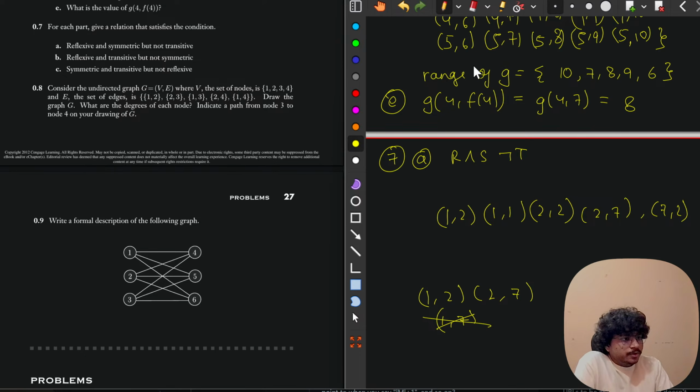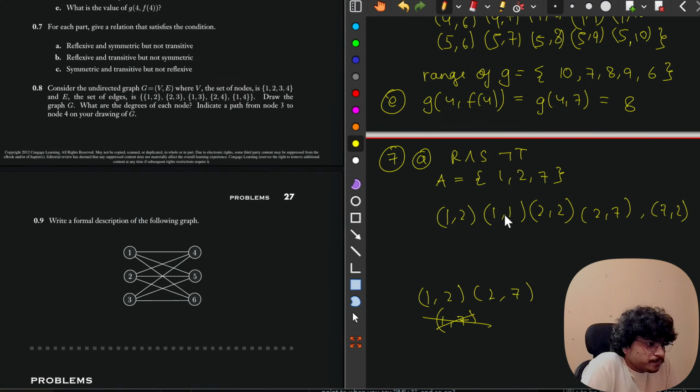All right. So eventually my set is what? Let set A be equal to 1, 2, and 7. Ah, there is no 7 comma 7, right? So 7 comma 7, just put it. I have these elements 1 comma 2, 2 comma 1.